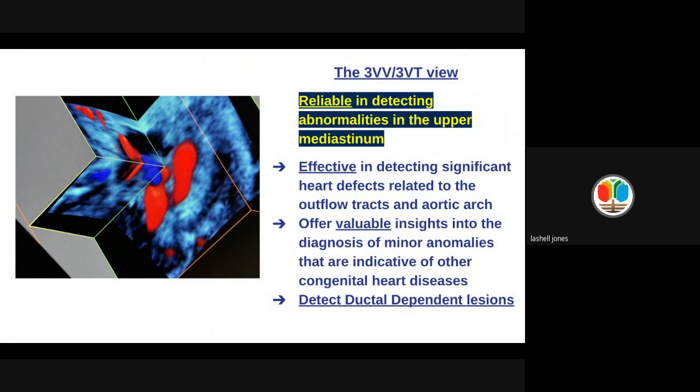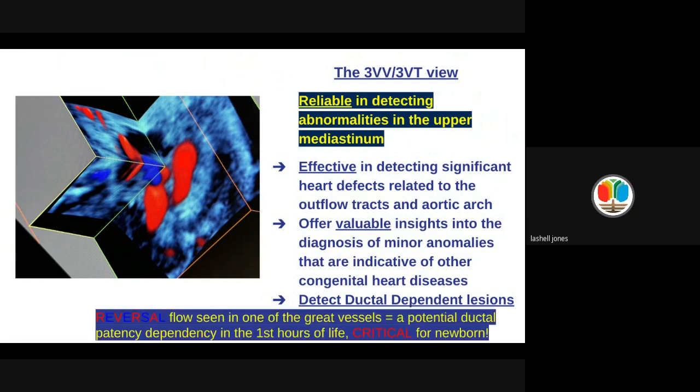It's effective in detecting aortic stenosis versus aortic atresia, or pulmonary stenosis versus pulmonary atresia. It's very valuable in picking up all of these major and minor anomalies, because the minor anomalies can point to other major things that are happening. And first and foremost, we can detect ductal dependent lesions prior to delivery. So it's a very valuable view.